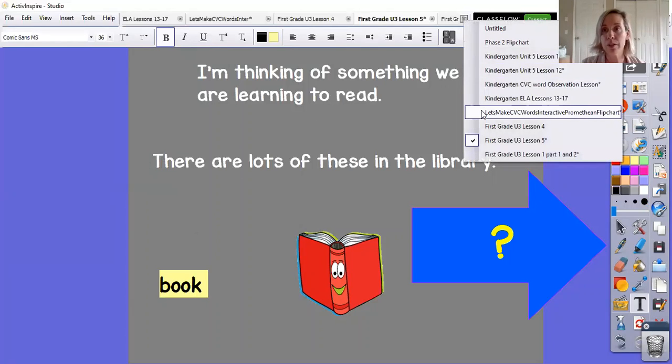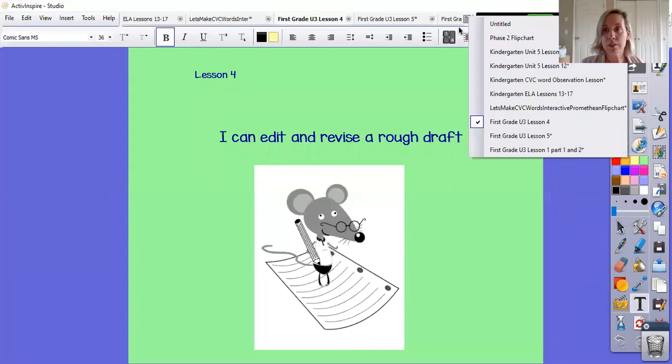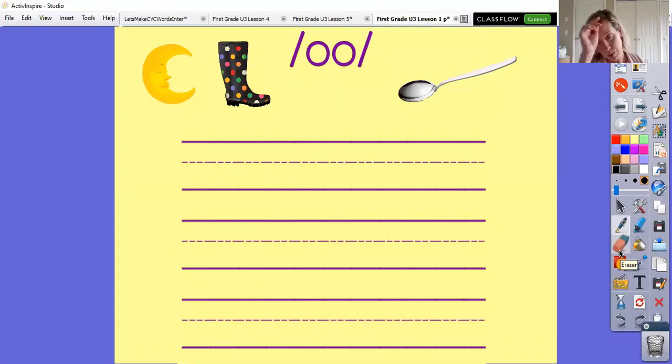Let's move on. Oops, just a second. Sorry about that. Okay, the ooh sound, as in moon or boot or spoon. Let's see if we can write these words, and you can practice with me while we're writing at home. So how would we write the word moon? Remember, I wouldn't pronounce it mun, I would say ooh.